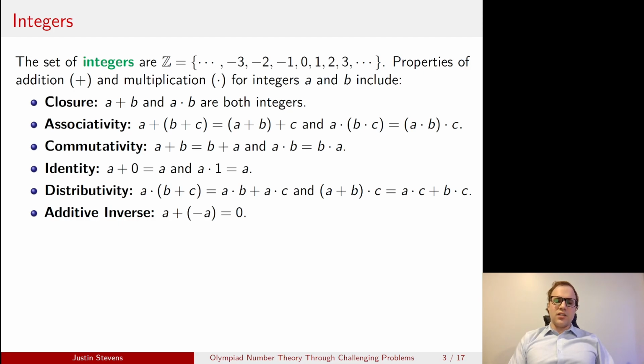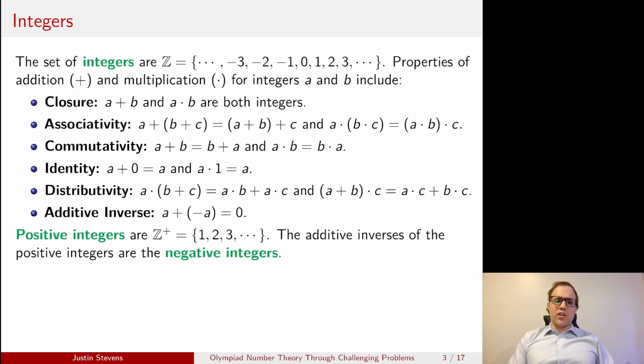The identity, which is the number 0, that if you add it to any number, you get the same thing back. And the number 1, which if you multiply any number by, you get the same thing back. The distributive property, and the additive inverse as well. Notice that there is no multiplicative inverse though, because that will get into the rational numbers, which we'll see soon.